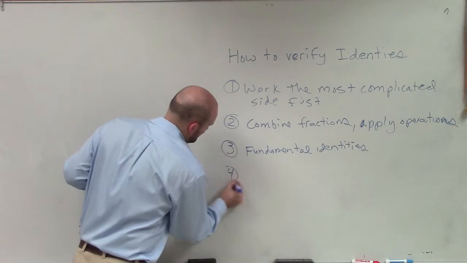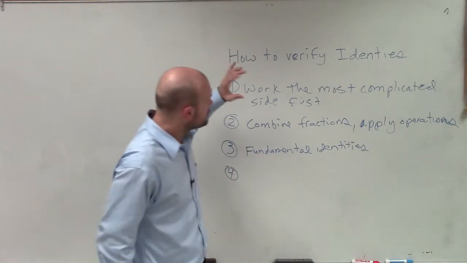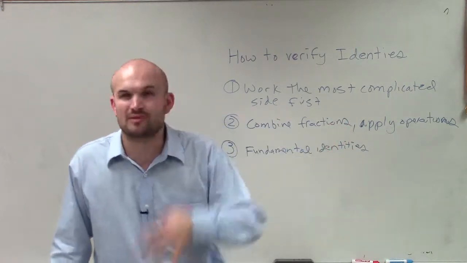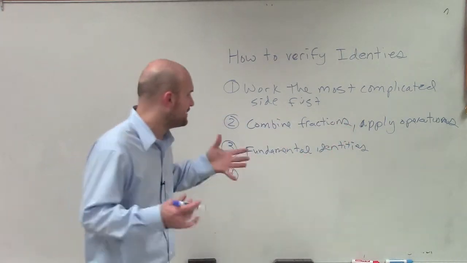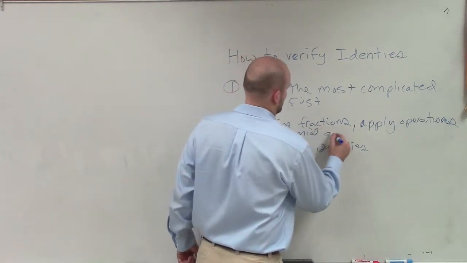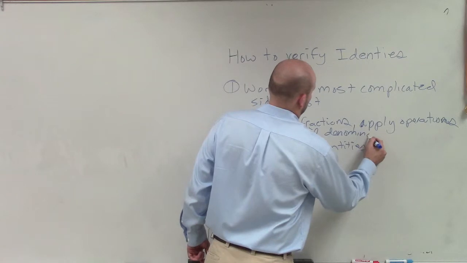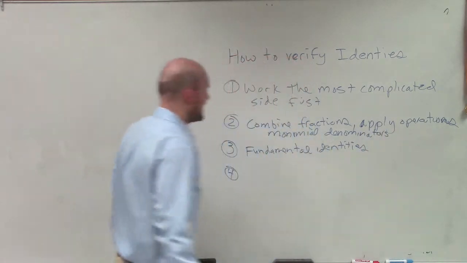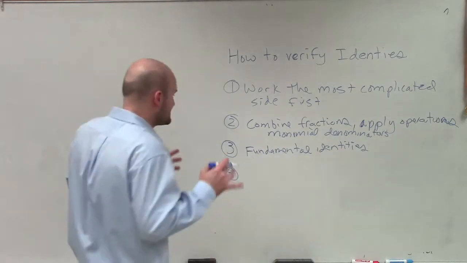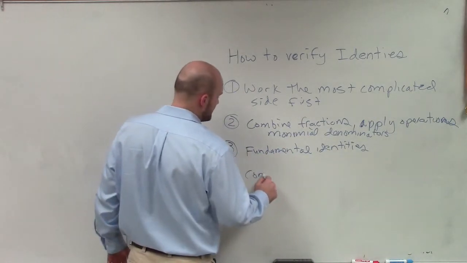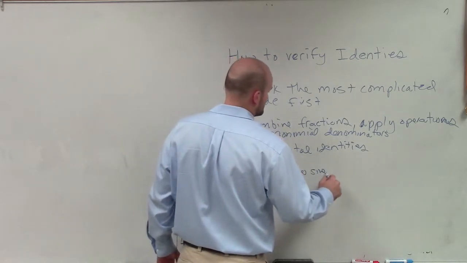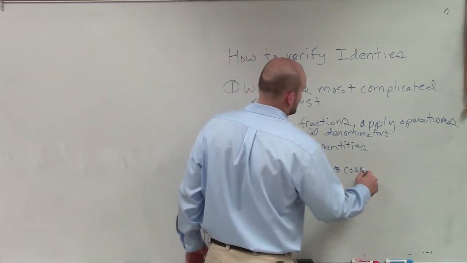The next step is, if you get stuck, if you try to work on the most complicated side, you try to apply any algebraic operations to really try to get monomial denominators, and then you even try applying fundamental identities and you're just not getting anywhere, another great step is to convert to sines and cosines.